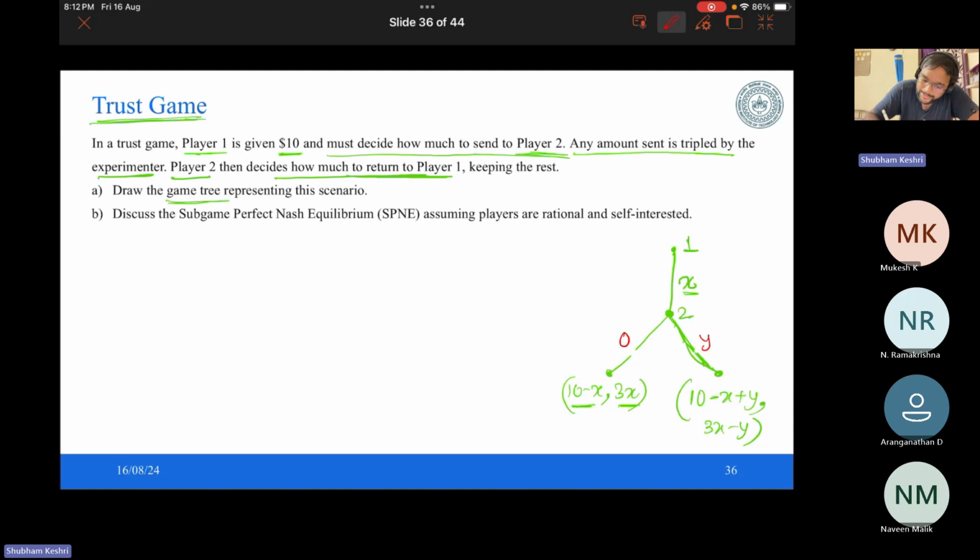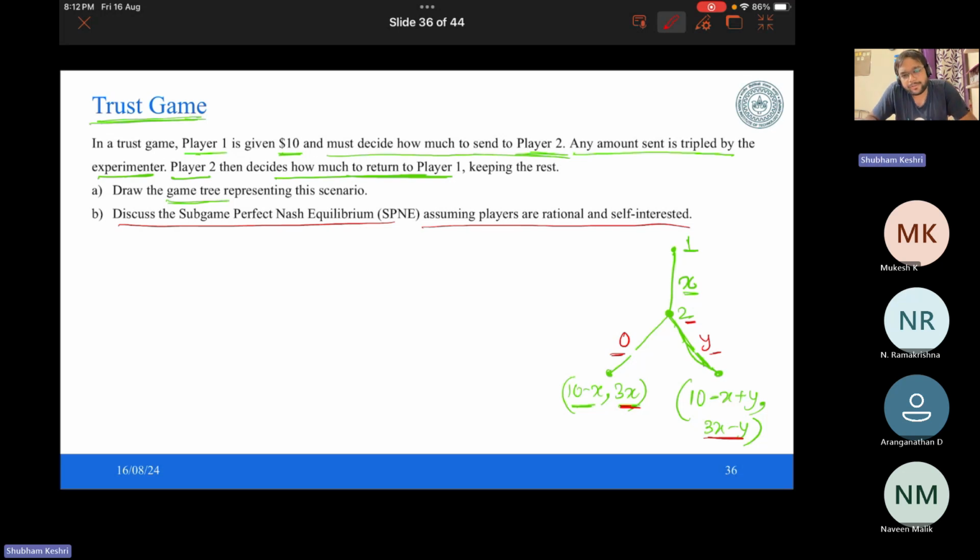Now we will solve this game using backward induction. So using backward induction, what will player 2 do? He is getting 3x if he gives 0, but he is getting 3x minus y if he gives y.